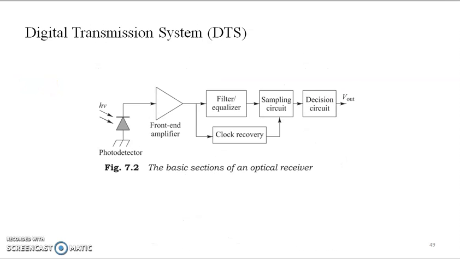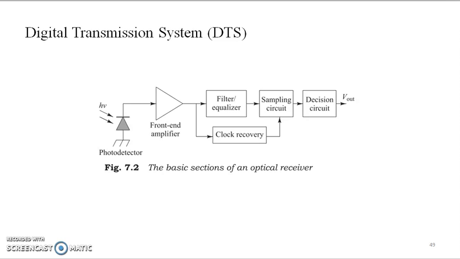Now this digital transmission system consists of a detector and a front-end amplifier. The front-end amplifier is used after the detector to boost the signal level, and we can remove the noise with filters and a decision circuit.